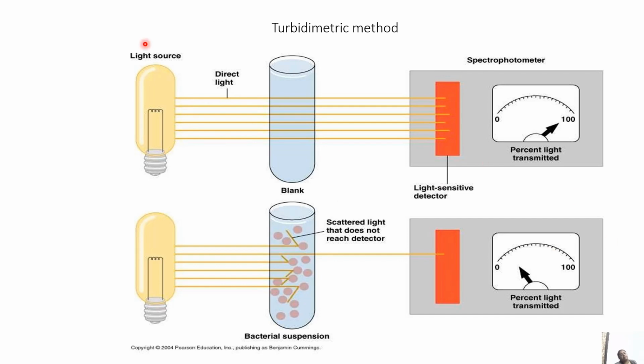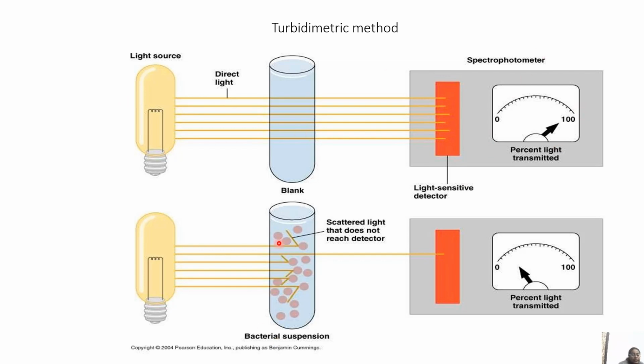This is a schematic representation. This is a light source, this is your cell. If your solution is clear and not dense, then the entire light will pass through, right? So this is a light sensitive detector. You can see 100% of the light that was incident is transmitted.